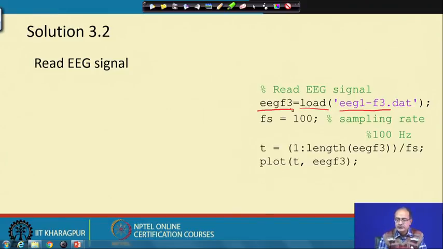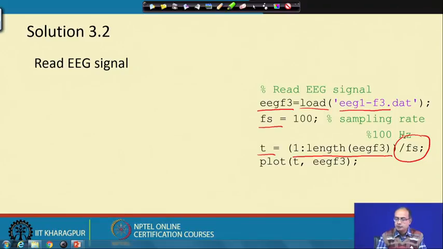Next we need to see the plot, and for that first we initialize the variable Fs, the sampling frequency, 100 hertz, and t is the time. It is 1 to the length of the signal, multiplied by 1 by Fs, giving us the time instant of each sample.